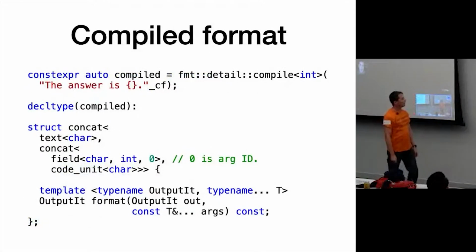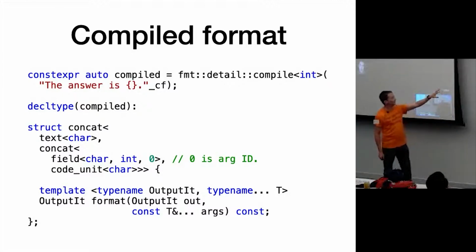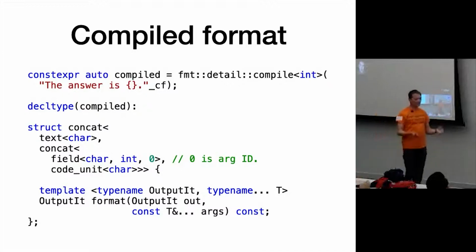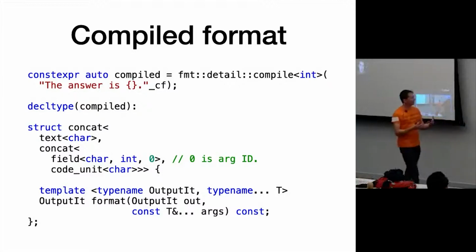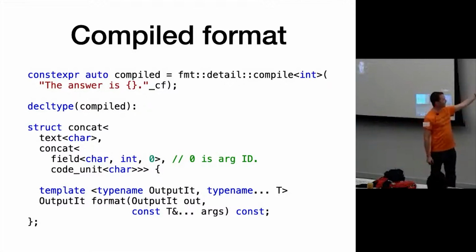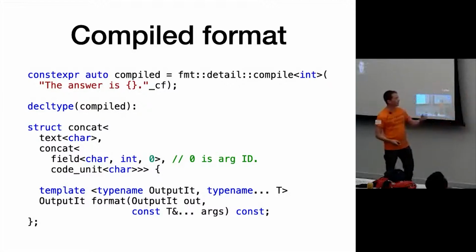So in practice, we have a function to compile the format string, detail compile. And if we look at the type, this is pseudocode-ish. Basically, we get a nested template struct that represents the format string to compile.